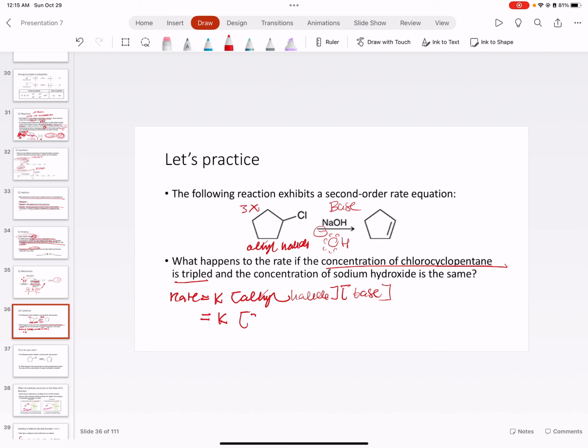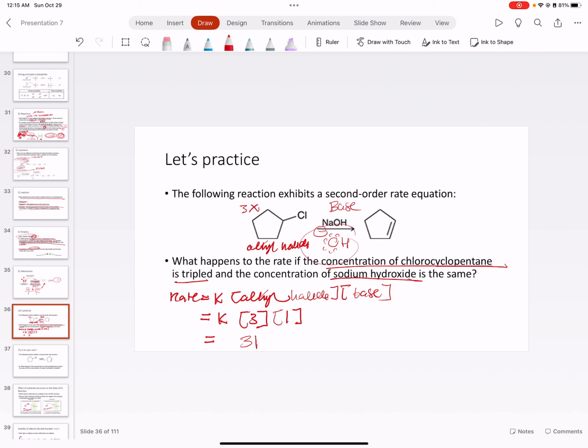And the concentration of sodium hydroxide is the same, so it is kept, and we can just put it as 1, because we're multiplying. And then 3 times 1 will be 3.